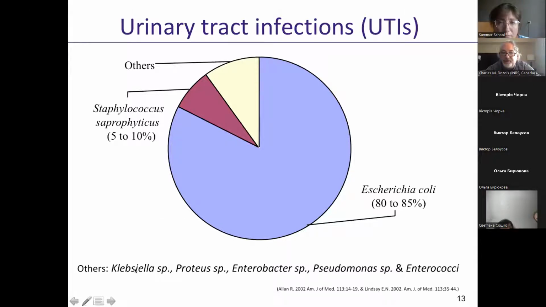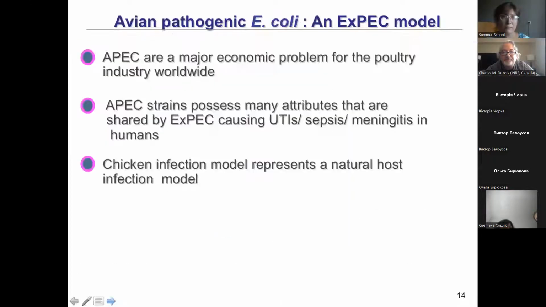There are obviously other kinds of pathogens such as Klebsiella, Pseudomonas, Proteus that can cause urinary tract infections, but the large majority are caused by Escherichia coli in the community acquired disease. In a nosocomial setting, so in hospitals, that amount is reduced considerably, but there's still in many cases 40 to 50% of UTIs that can be due to pathogenic E. coli in the hospital as well.